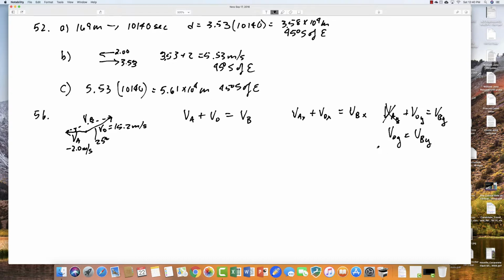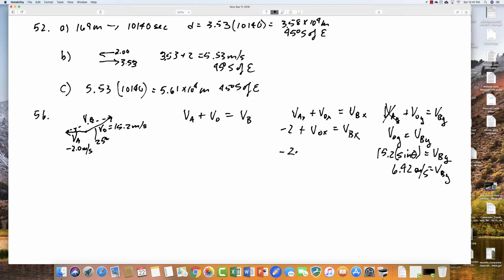We know V0 is 15.2, and the y component of that is going to be the sine, if we multiply this by the sine of theta, and that's going to give us VBy. So if we do the math on this one, VBy is 6.42 meters per second. Now VBx is a little more complicated. We know this is minus 2 plus whatever V0x is going to be equal to VBx.